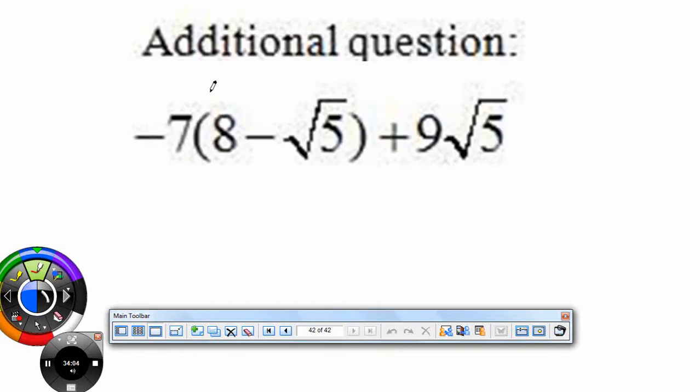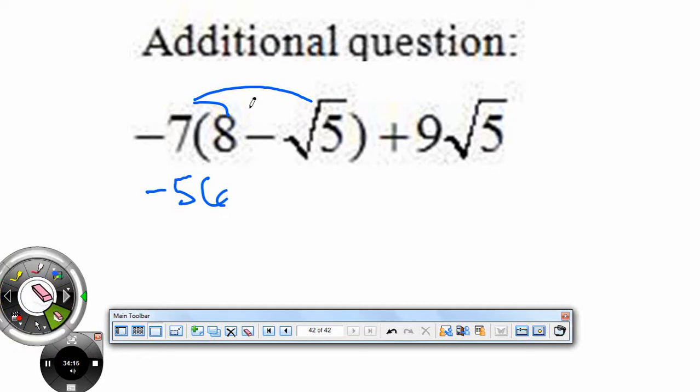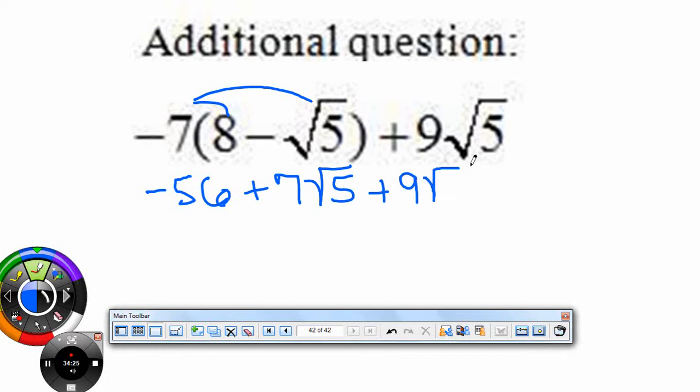I want to solve this one, so I'm going to distribute. So this would be -56, and then we have negative times a negative, so that would be plus 7 radical 5 plus 9 radical 5. Now notice that these are both radical 5s, so you're allowed to add them.